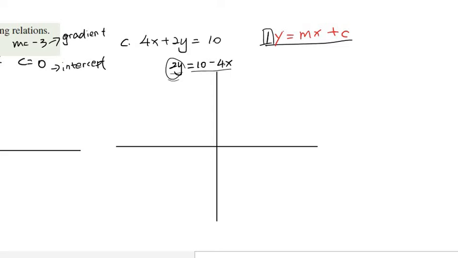In our equation, the coefficient of y is 2, so we need to make that coefficient 1 first. 2 is multiplied to the y, and if we only want one lot of y, we need to divide the whole equation by 2. We need to halve it. After halving both sides, we have y equals 5 take away 2x.